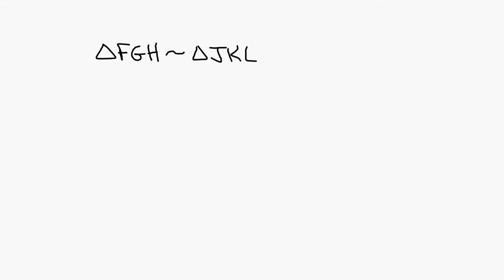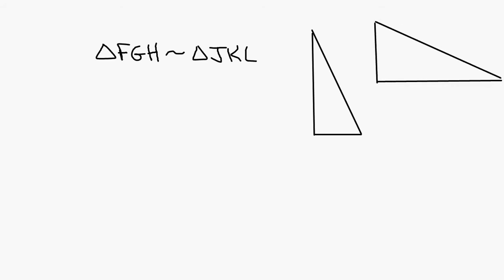Based on this description, they draw the two triangles for you. But once you've got this written description, I don't think you need the picture. Here are your two triangles: you have FGH, and you have JKL.